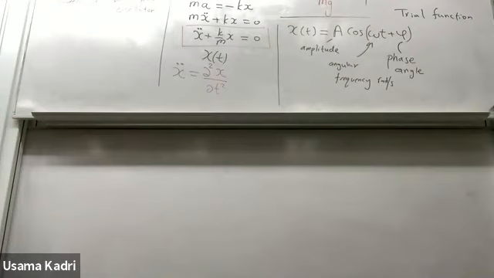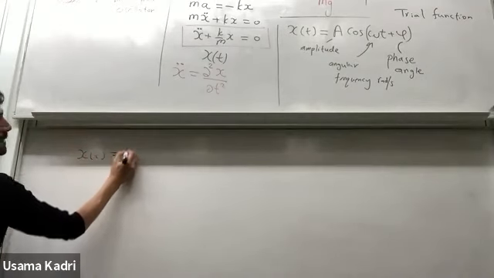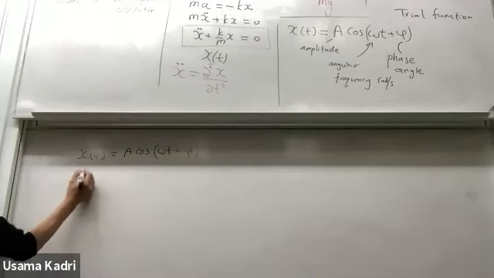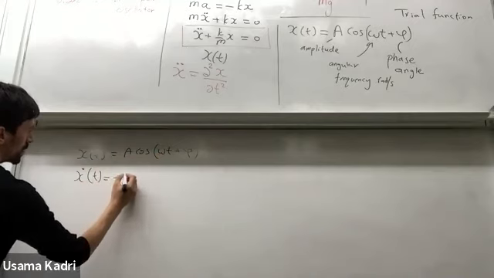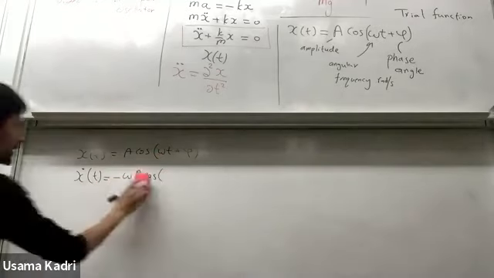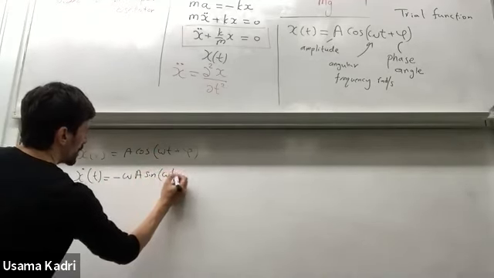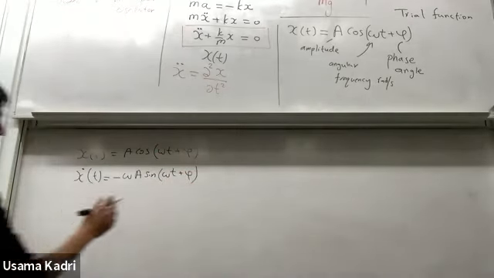So first, I can rewrite it here. So x of t is A cosine omega t plus phi. x dot, the first derivative, would be minus omega A sine omega t plus phi. I'm going to talk about the phase angle later on.